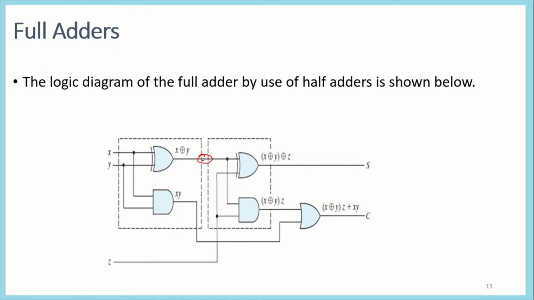This result is fed into the input of the other half adder, and the next input for that half adder is the Z variable. This gives us the final sum as the XOR of these inputs. For carry, we AND the X and Y inputs, and the output of the first half adder with the Z term, and OR them to get carry here.